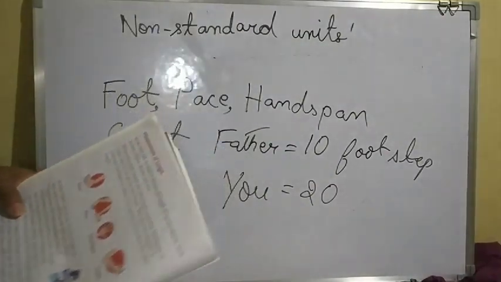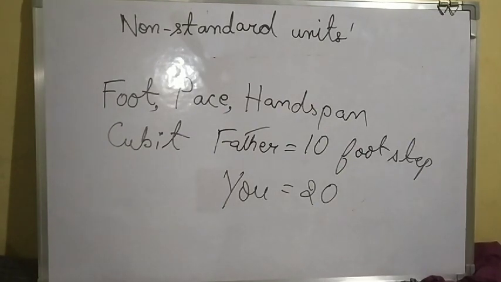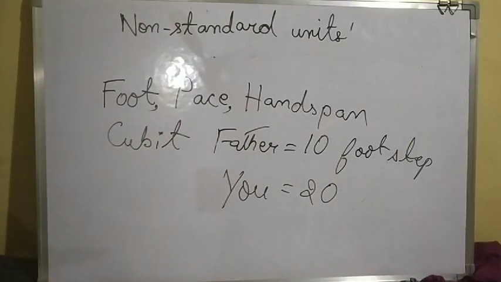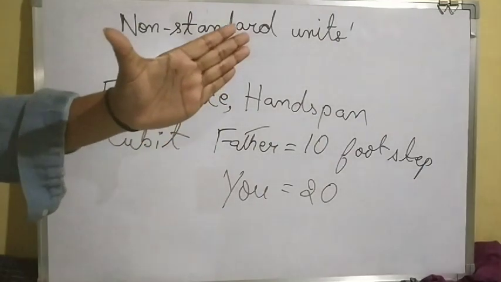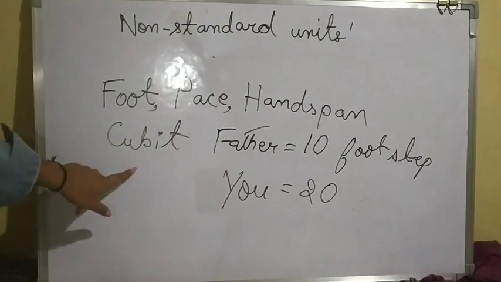This is because handspan or cubits of two persons do not have the same length. Your friend's handspan may be different than your handspan, or my handspan will be different than your handspan. That is why it is not convenient to use these non-standard units.